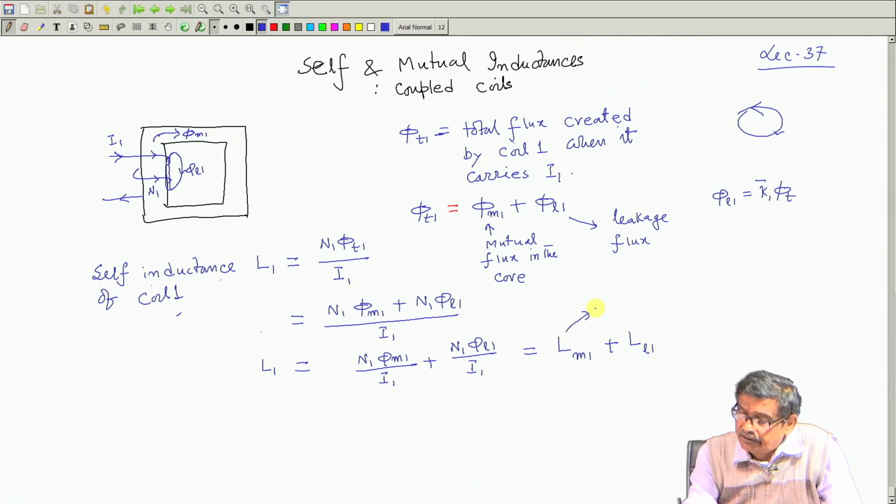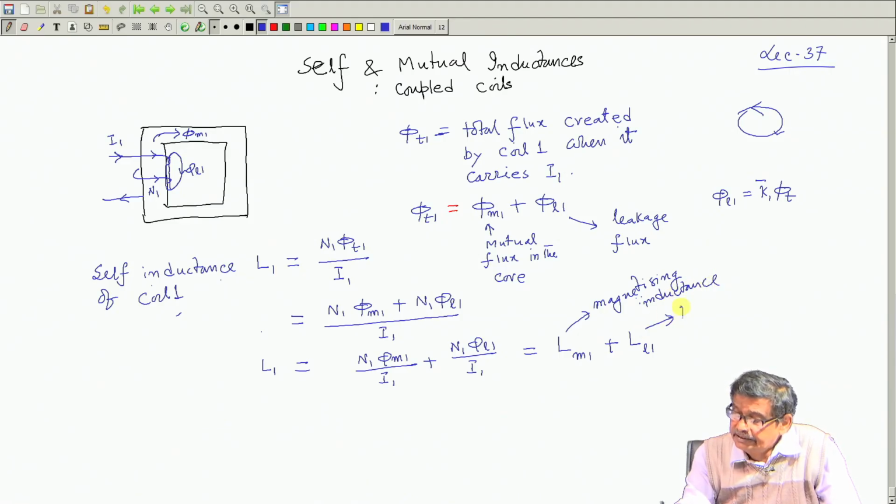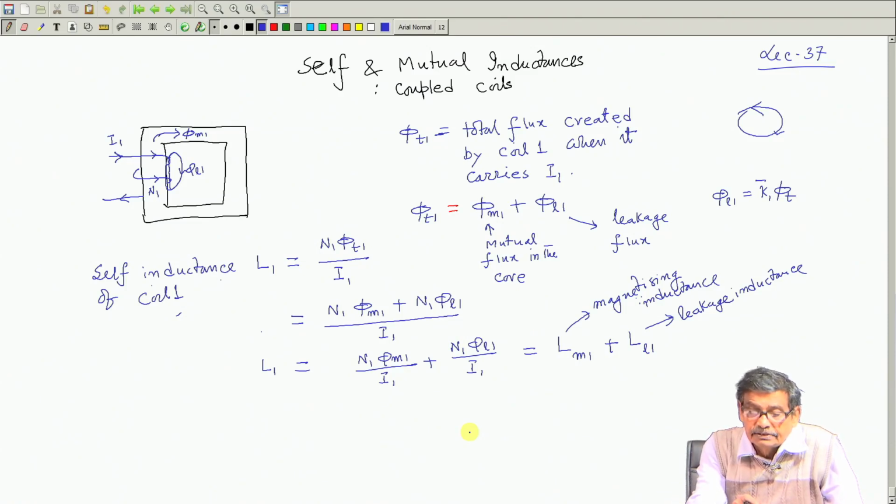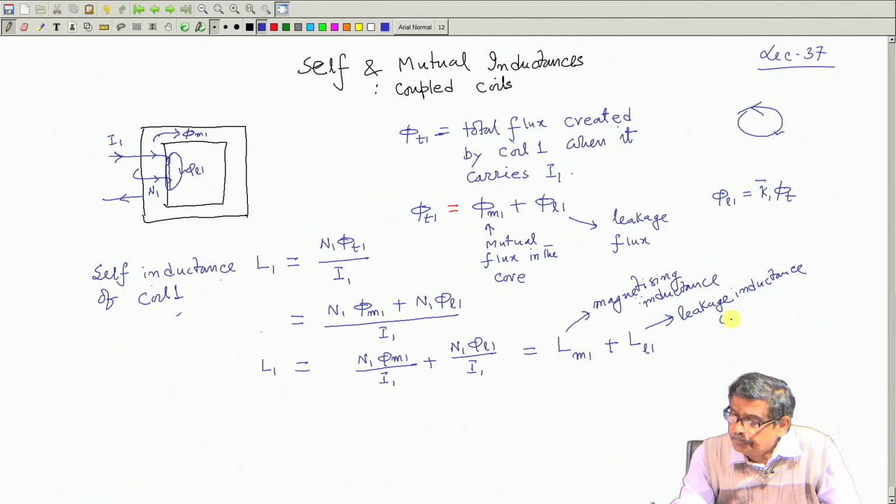So, the total self inductance of a coil has two components in general: a component which is contributed by mutual flux, this phi m 1 is mutual flux, and another component which is leakage flux, and this inductance will be pretty small.